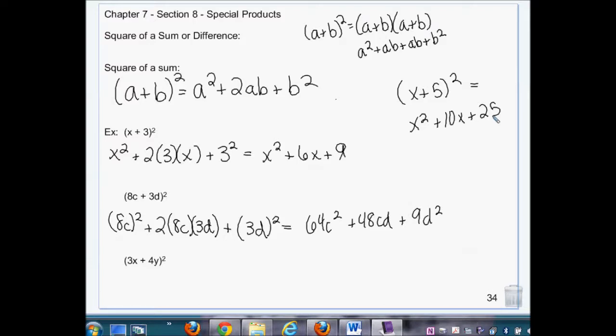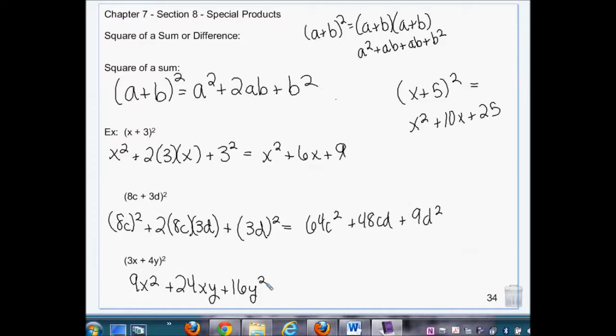Square the first thing. Then multiply them together. That's 12xy times 2. And then I square the second thing. 16y squared. So square the first, multiply them together, then times 2, and then square the second.